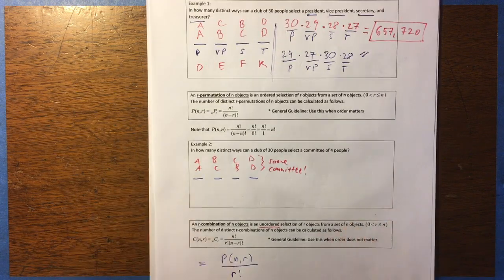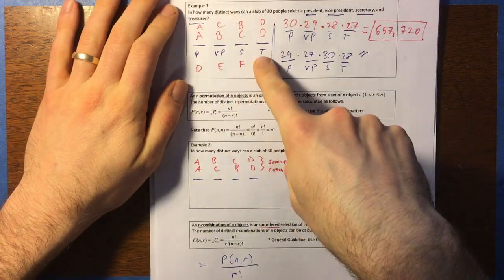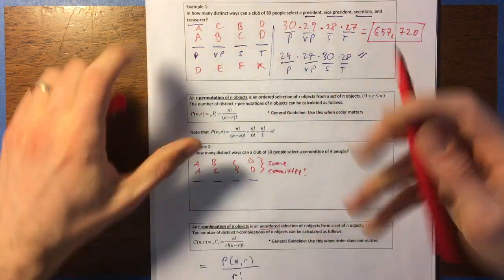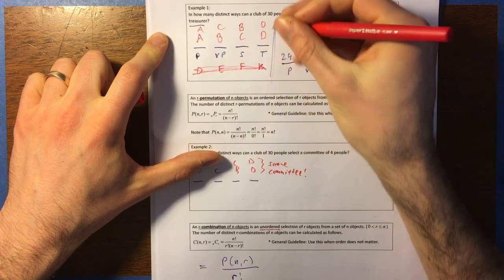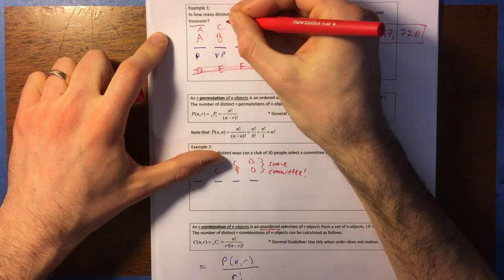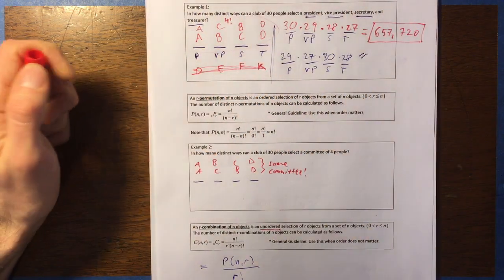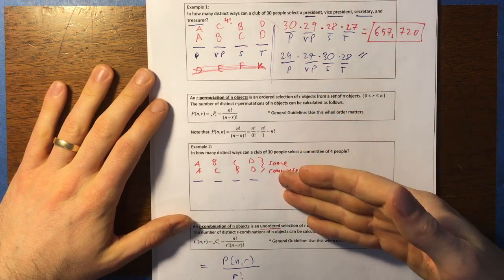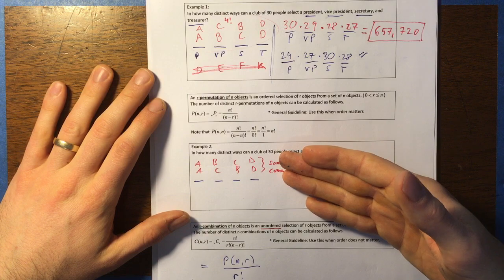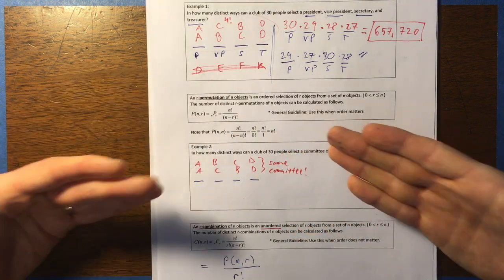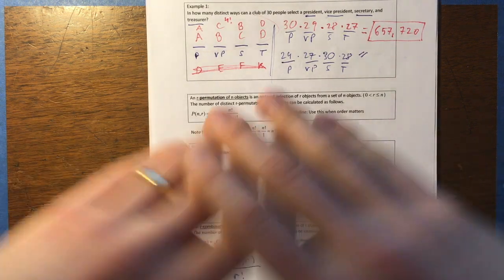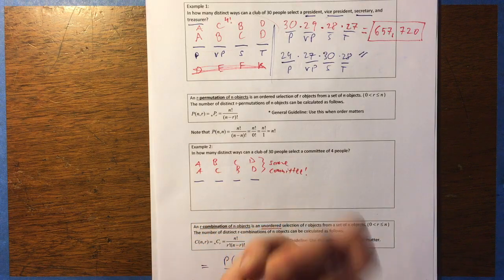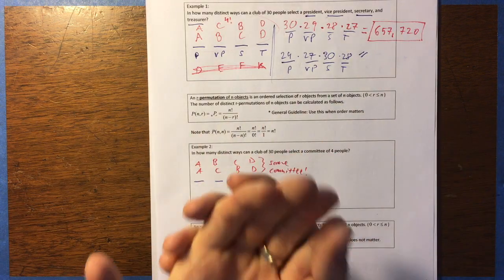Like with these 4 people, we had 4 factorial different arrangements of the people A, B, C, D. But when you're talking about a combination instead of a permutation, now all of those different arrangements are counted as the same outcome. So that entire group of 4 factorial different possible permutations are lumped together into one.